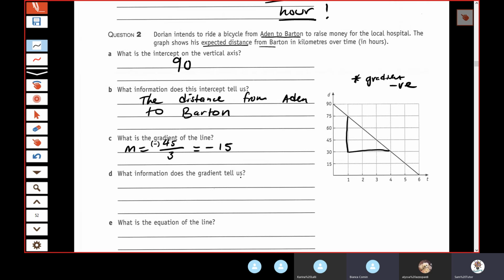What information does the gradient tell us? He's losing 15K every time. Does anyone think they know what that means in terms of this context? What does this gradient tell us?